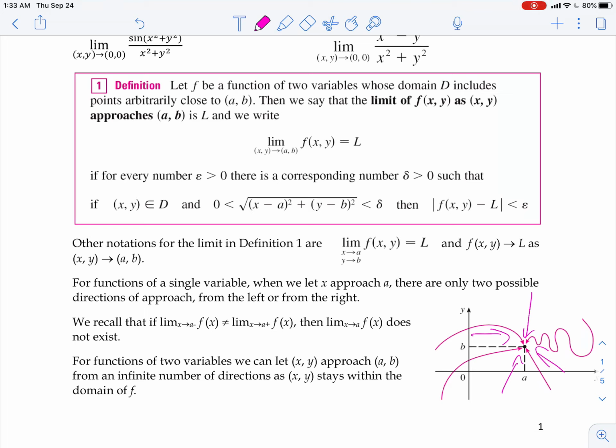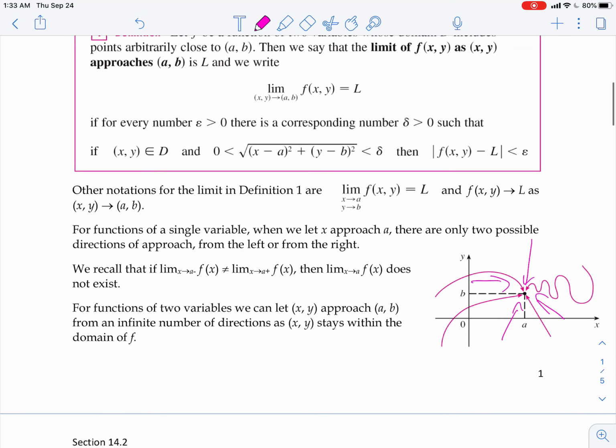So there's an infinite amount of ways that I can approach my point. And because there's an infinite amount of ways we can approach our point, finding if the limit exists is going to be a little bit different than with one independent variable.